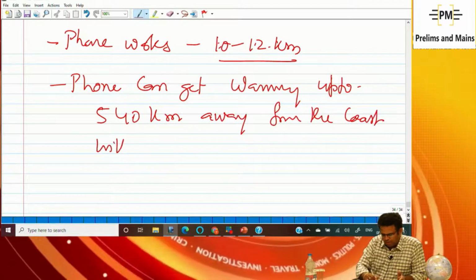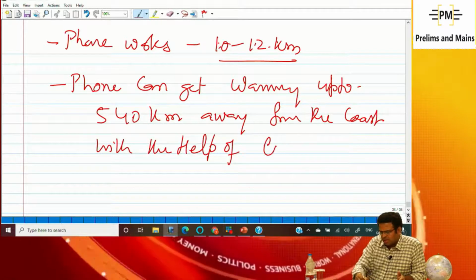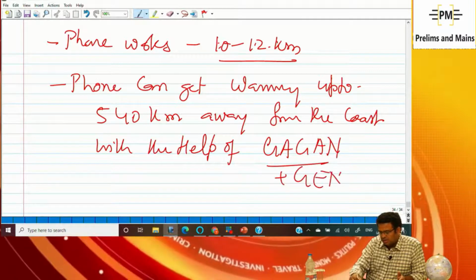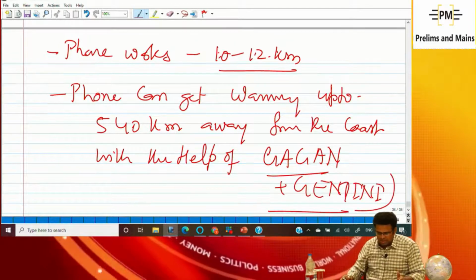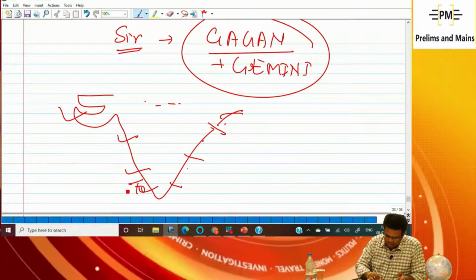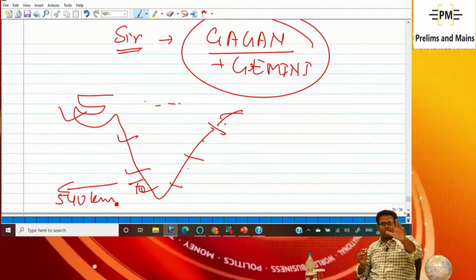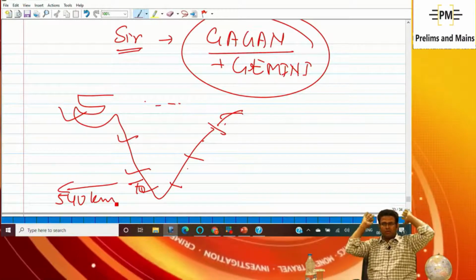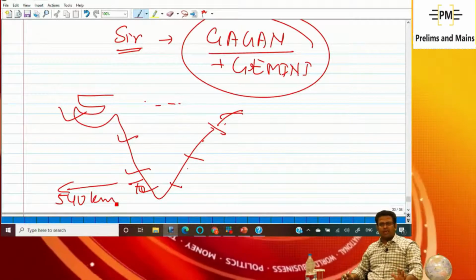with the help of the GAGAN satellite and the Gemini device. They can get not only 10 to 12 kilometers but up to 540 kilometers. Sometimes when fishermen go deep into the Arabian Sea or Bay of Bengal, after 10 kilometers they get disconnected from the coastal area and can't get any information.